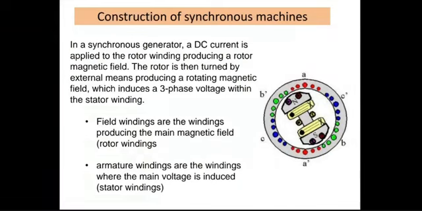Today we are looking at synchronous generators in detail. It's a follow-up on the previous lecture where we had gone through the basic principles.